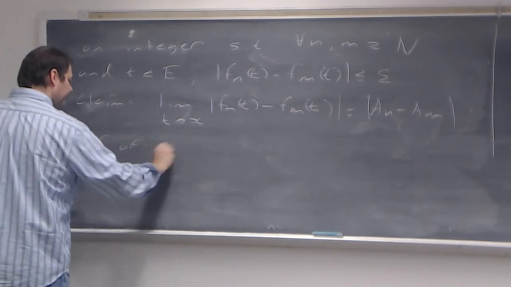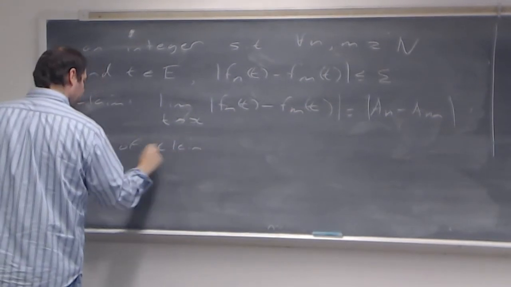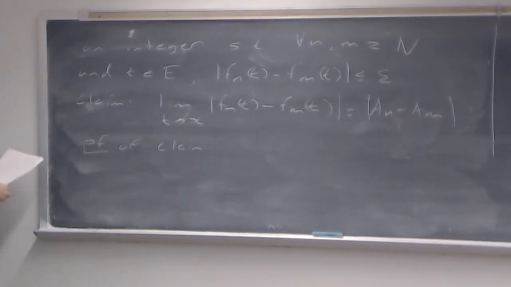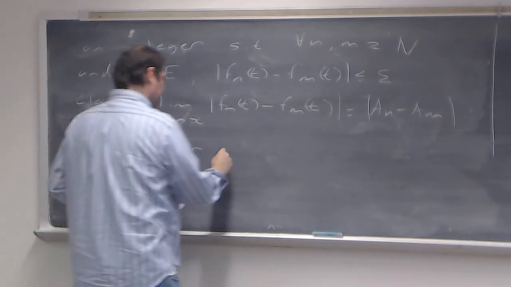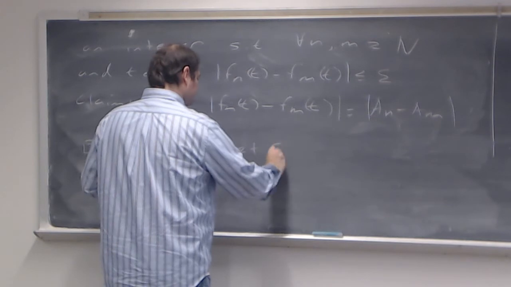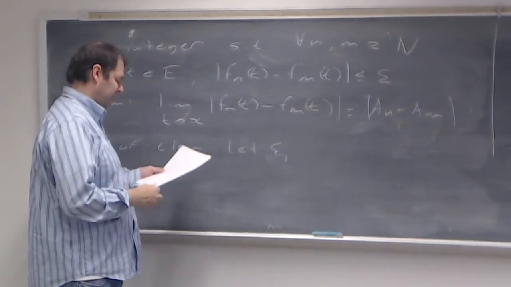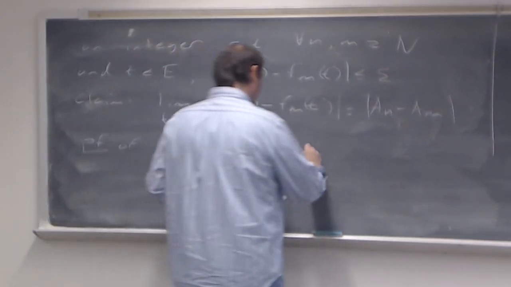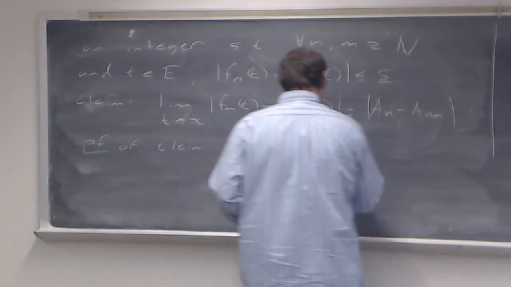Proof of claim. We're going to prove that these are equal. I'm calling epsilon 1 to be different than the epsilon we were given. Let epsilon 1 be greater than 0 be given.